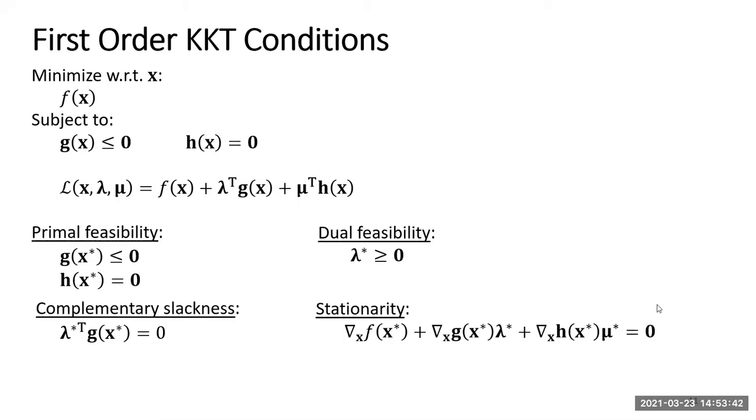The stationary condition is this in vector form: del x of f of x plus Jacobian of g times lambda star plus Jacobian of h times mu star must be equal to 0. So this is the stationary condition expressed vectorially. What I did was just differentiate this.